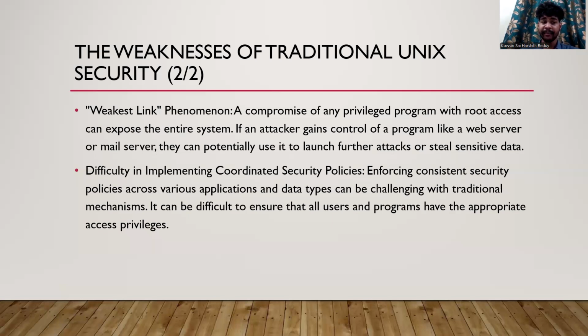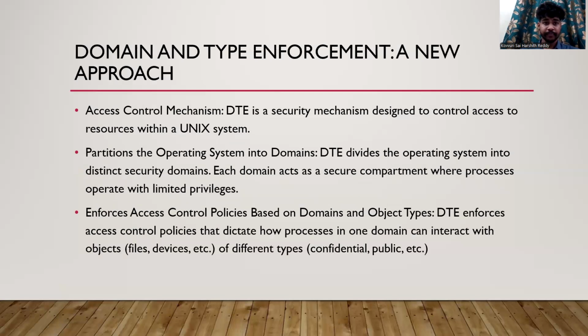This could be done at the time of resource creation or dynamically during system operation. Then the domain transition mechanism: support for domain transition, where processes can change their domains under controlled conditions. This allows for flexible execution environments while maintaining strict access controls.